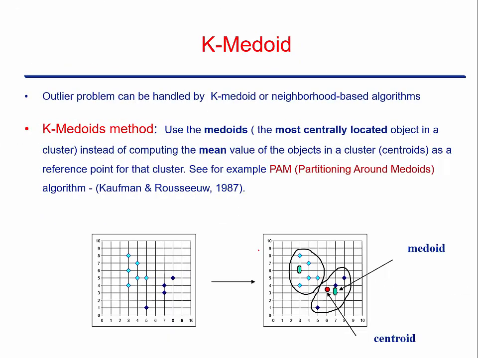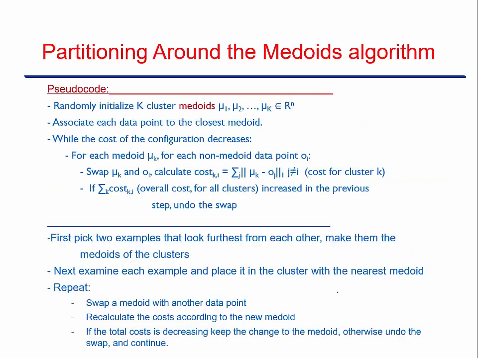Now, we just talked about the outlier problem. This outlier problem can be handled by k-medoid, or the so-called neighborhood-based algorithm. In k-medoid, we will use the medoid instead of the centroid to represent the center of the cluster. This is called partitioning around medoid. In this example, the green points are the medoids, which are real data samples in the dataset.